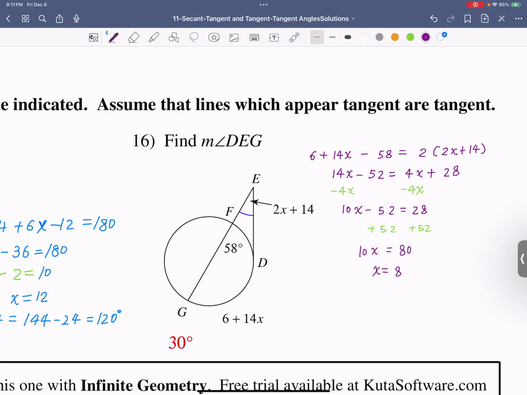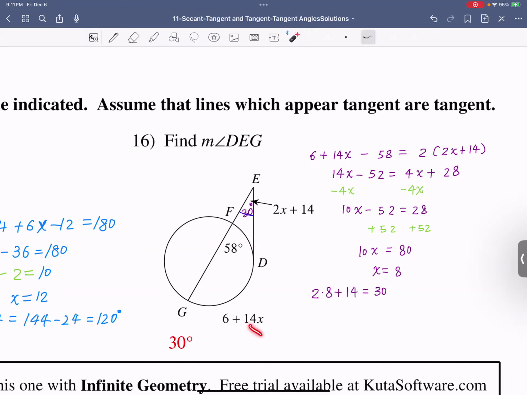8 degrees. But they didn't ask you for x. So you have to plug in. 2 times 8 plus 14 equals 30. So this is 30 degrees.